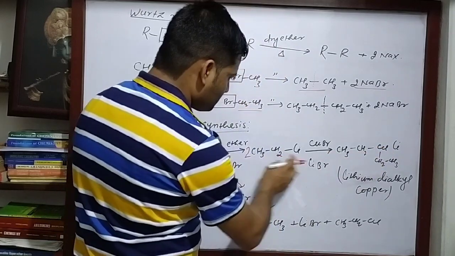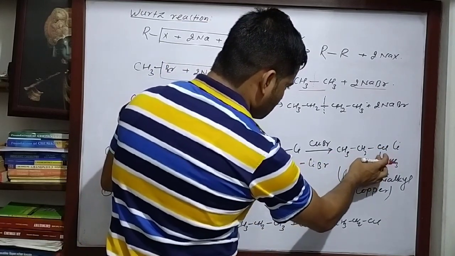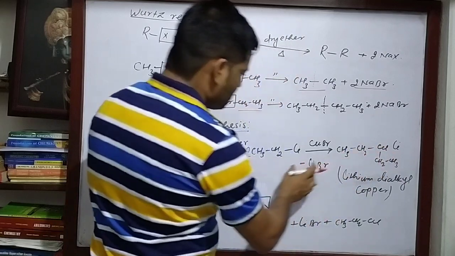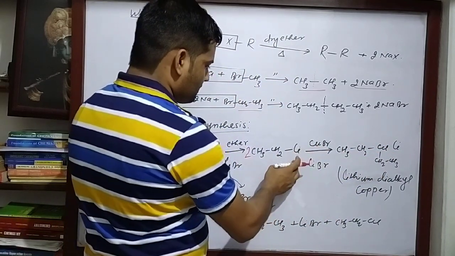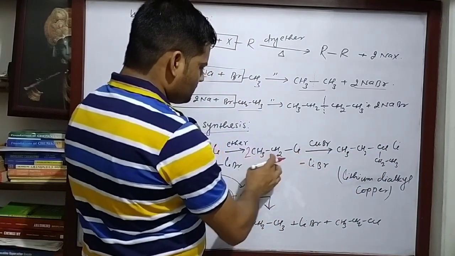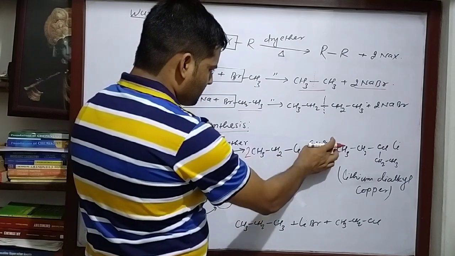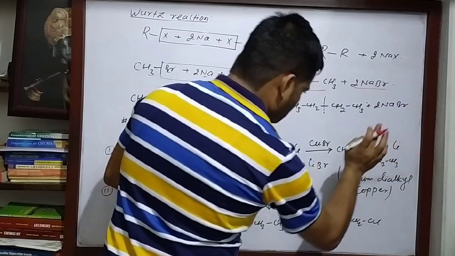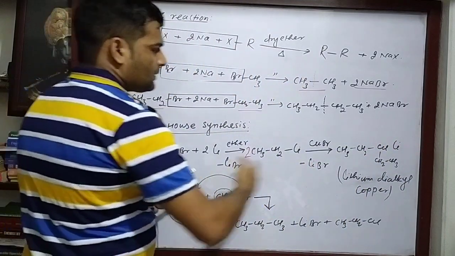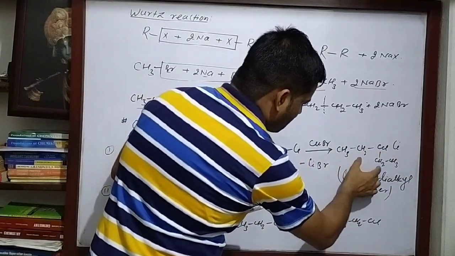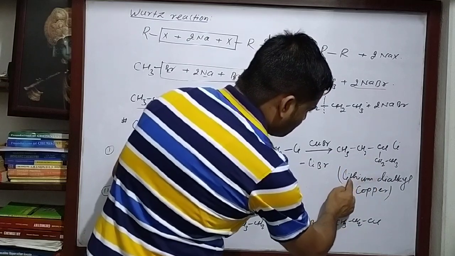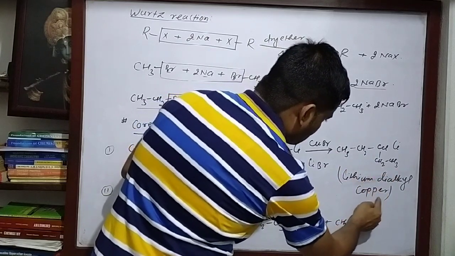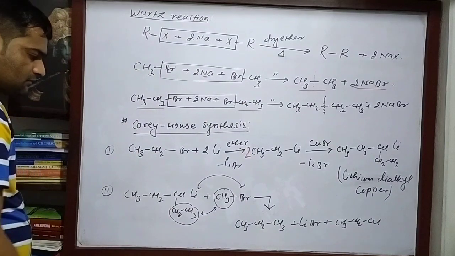Here two alkyl groups, therefore two alkyl groups form bonds with copper, and in two molecules, two lithium, one lithium combines with bromine, and another lithium interacts with copper, and here how many alkyl groups? 2. Lithium dialkyl copper is obtained.